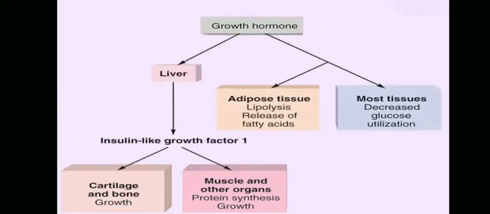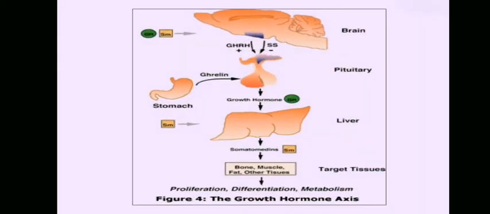So here is the chart of how the growth hormone works, and how growth hormone production is stimulated through the hypothalamus by producing growth hormone releasing hormone, which acts on the anterior pituitary and produces growth hormone.